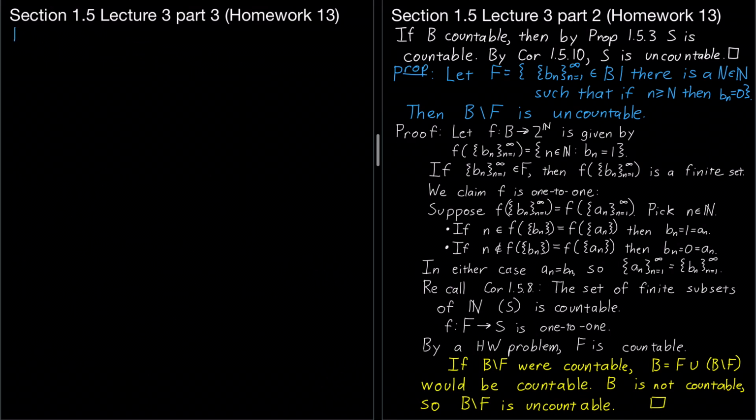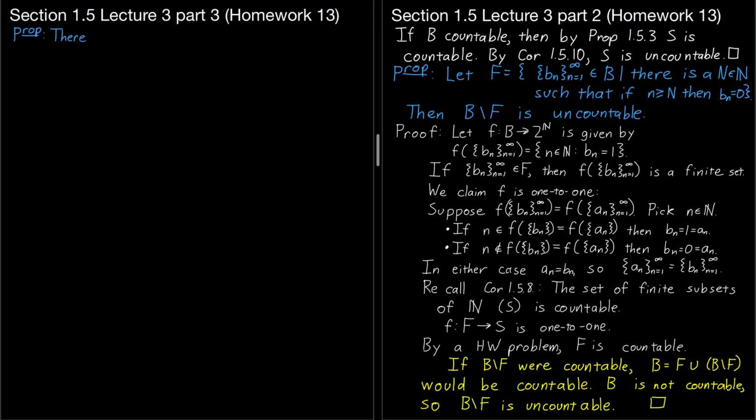So let's continue on. Remember, we are trying to prove that the real numbers are uncountable. And in fact, we're trying to prove that just an interval, just 0 to 1, is uncountable. So here is the first step.